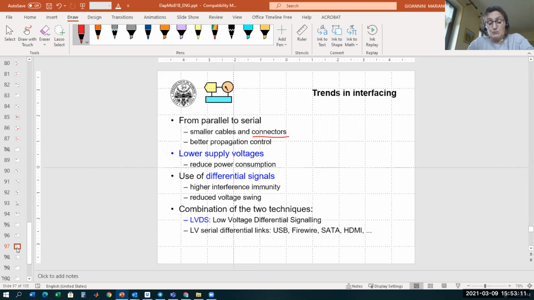We will return to this problem. Another method for making circuits fast is reducing the voltage supply, so working at lower VDD, as we learned. Another solution is using, instead of the logic we have seen till now, another type of logic, which is defined as differential signal or differential logic.